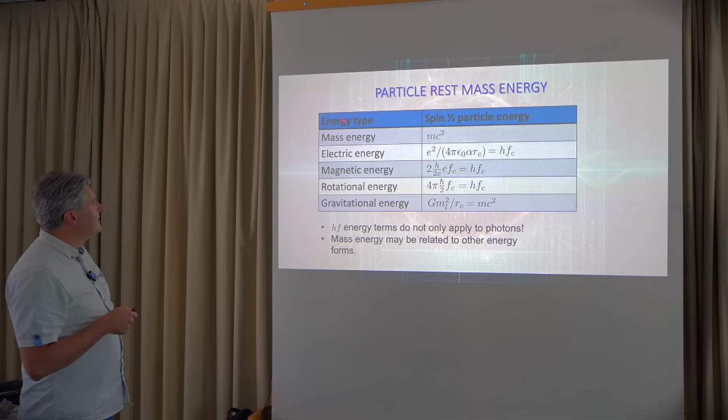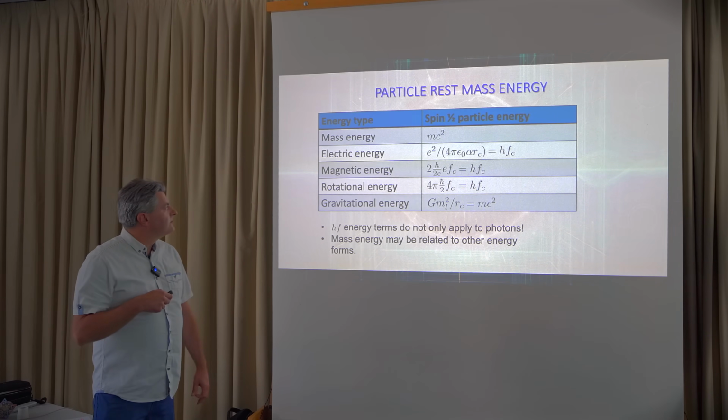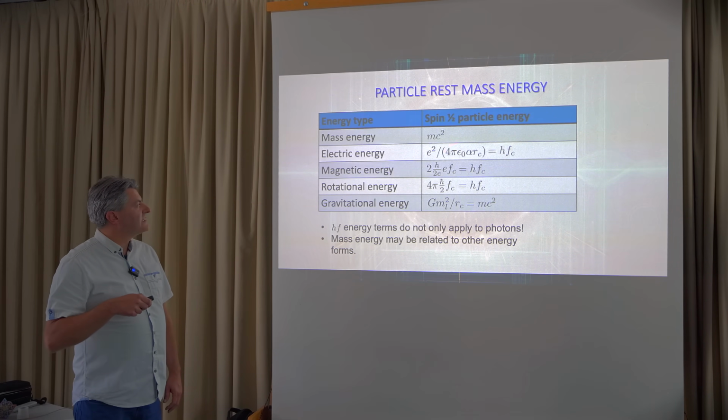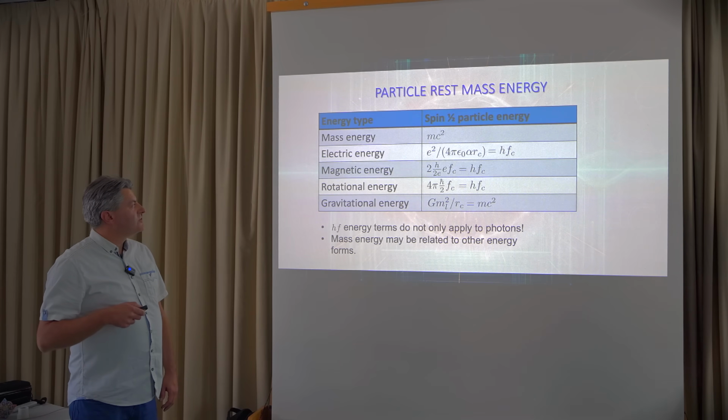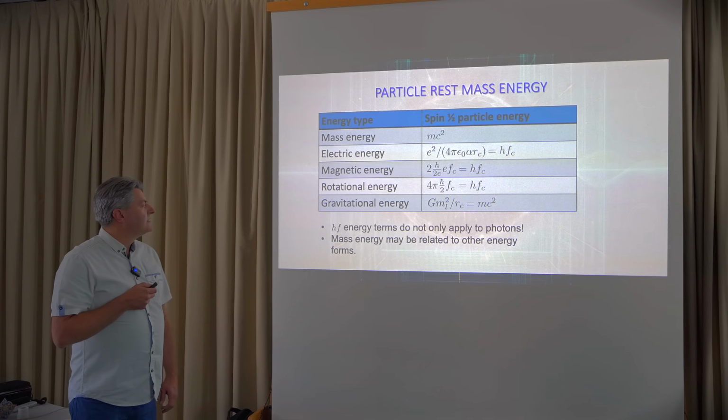You can have an electric equation for the rest mass energy, a magnetic one, a rotational one, a gravitational one, and some of them reduce to an hf term. And this one reduces to mc squared.